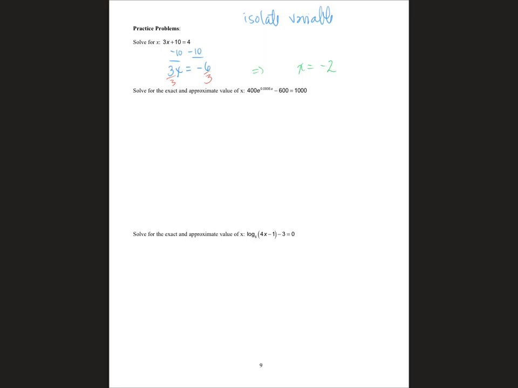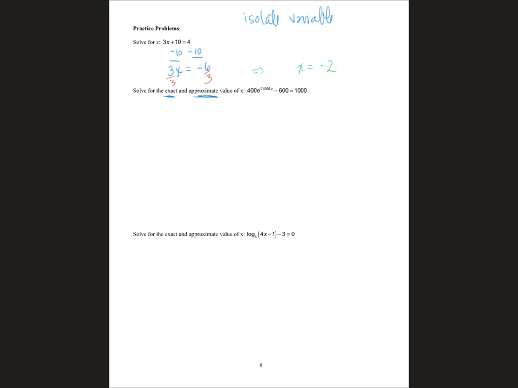So here in the next example, you are being asked to find the exact solution as well as the approximate solution. We're going to still go through the same process. We want to find the value of x, so we're going to start moving things away from that side of the equation to isolate the variable.